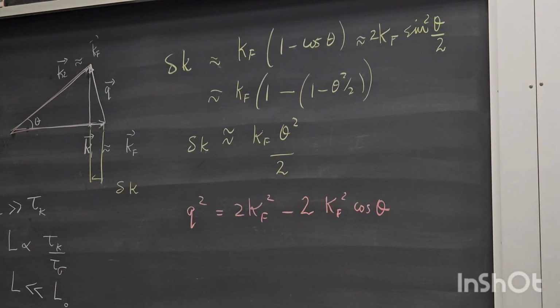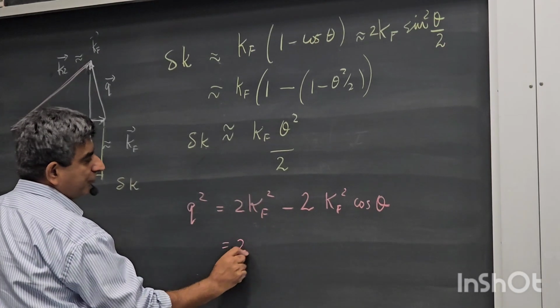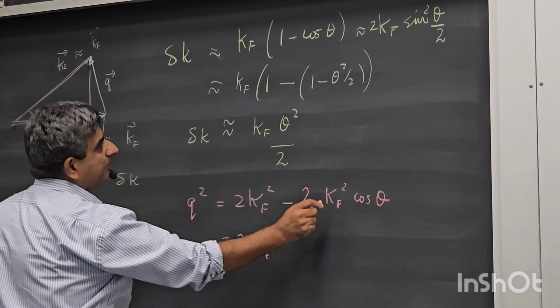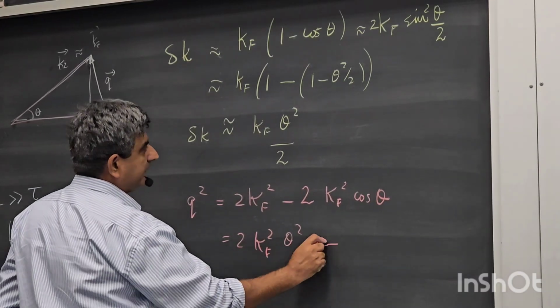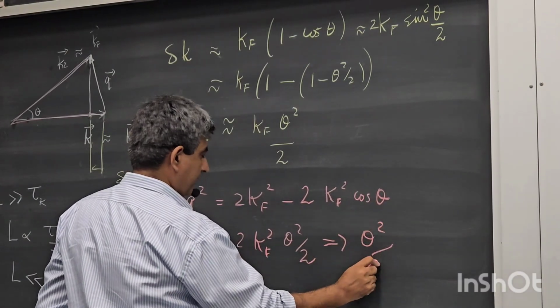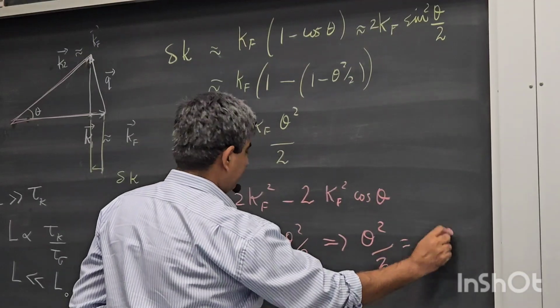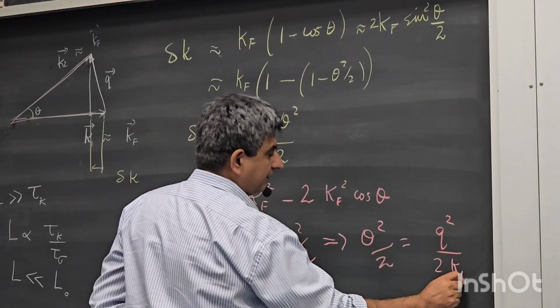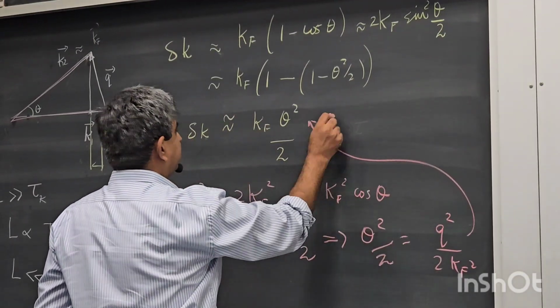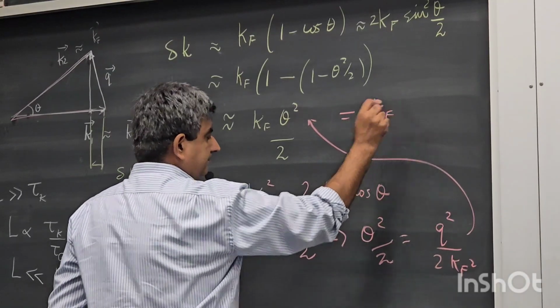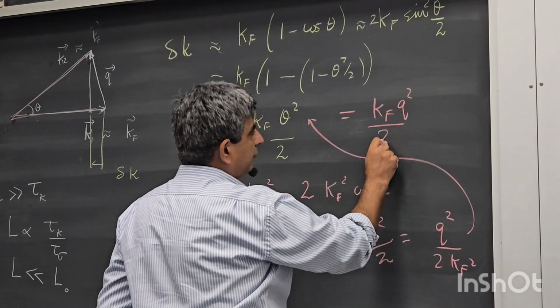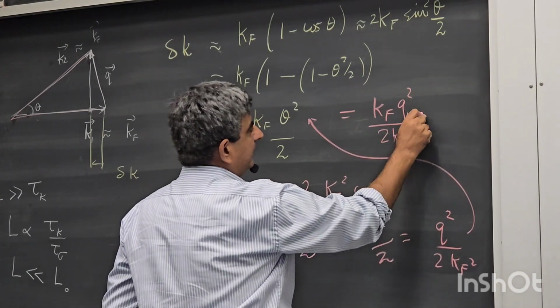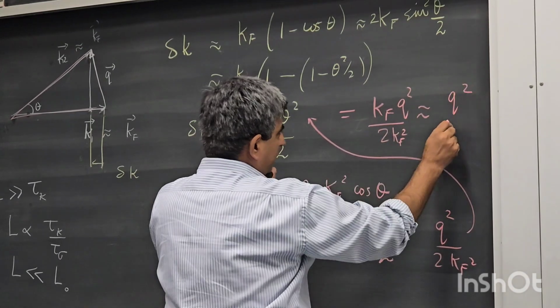This is the cosine law applied to this pink triangle. So this becomes 2kf square times 1 minus cosine theta, which is again theta square over 2. This means theta square over 2 can be written as q square over 2kf square. Now I take this in here, this becomes kf times q square over 2kf square, which is q square over 2kf.